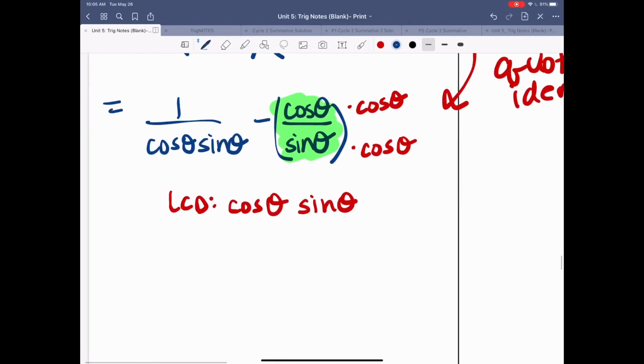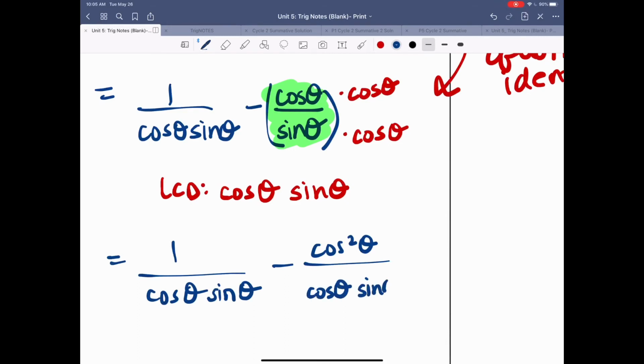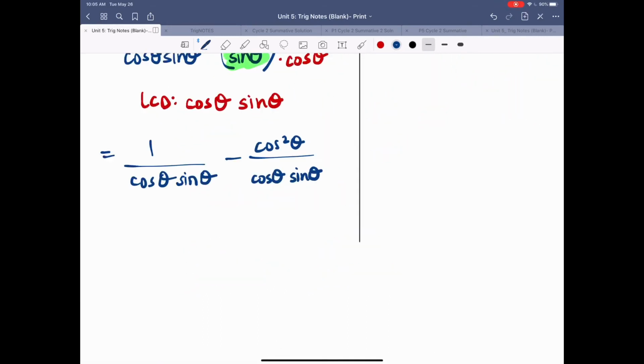And so I have equals 1 over cos theta sine theta minus cos squared theta divided by cos theta sine theta. I can put the two together. The numerators, I just put once on the top, meanwhile I keep the denominator on the bottom.